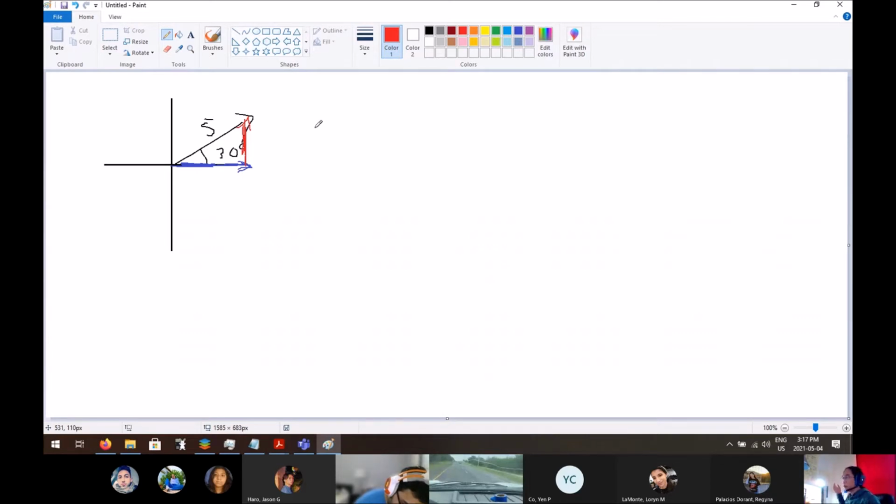So why is this important? That's how you simplify vectors in order to add them, because you can't really add two vectors if they're going at different angles.